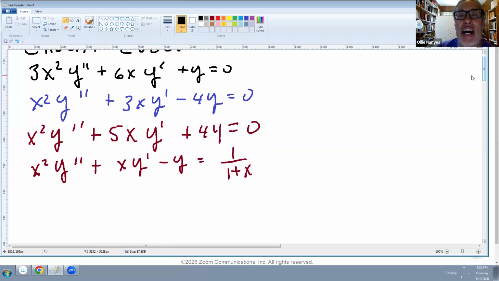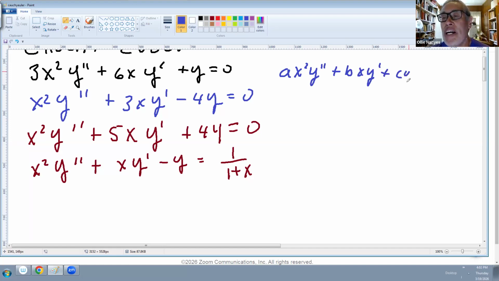So let's also give a reminder of how we solve these. If you have a Cauchy Euler differential equation that looks like a x squared y double prime plus b x y prime plus c y is 0, what you do is you attempt a solution y equals x to the m power, where m can be a complex number or a real number.